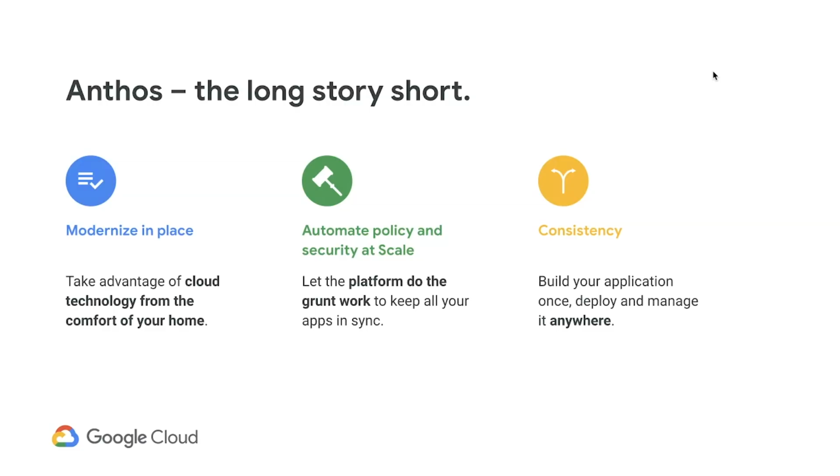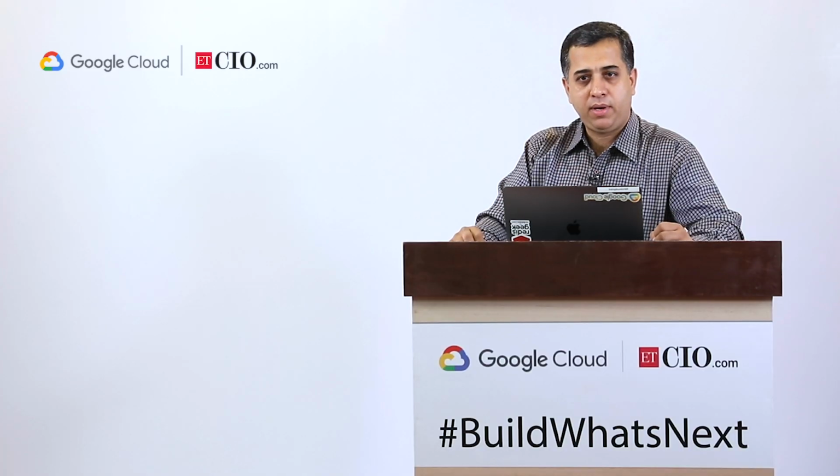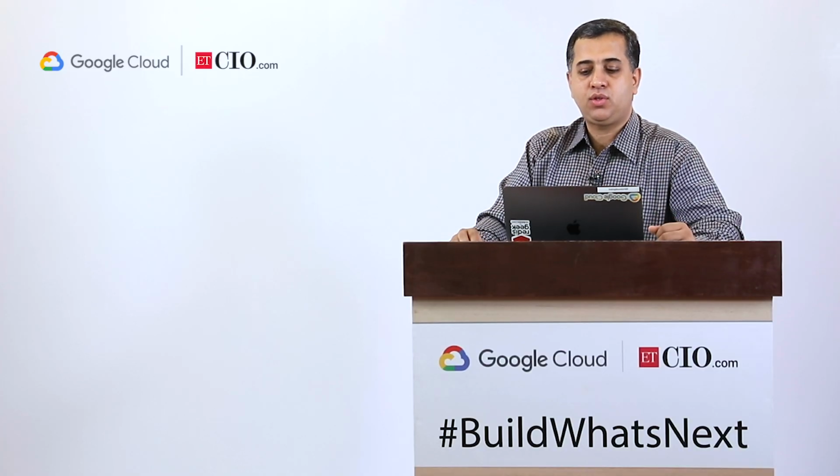It helps you ensure consistency by using Kubernetes, by using GKE, by using Knative, as well as by using Istio. It lets you manage your applications in an open source stack, build your applications once, and then choose to manage and deploy them anywhere that you choose to do so.